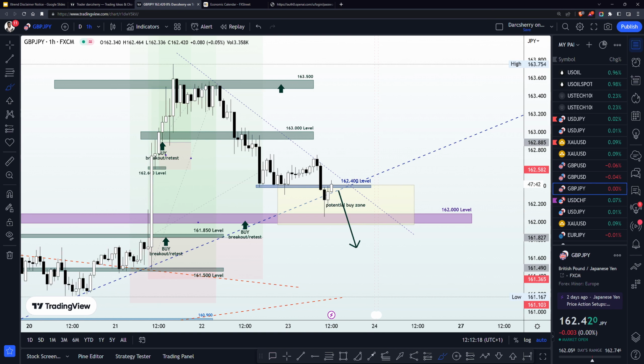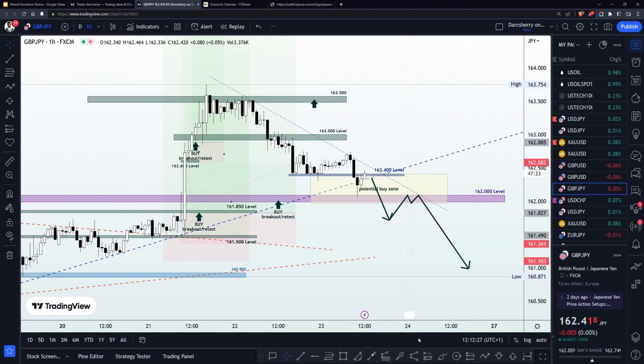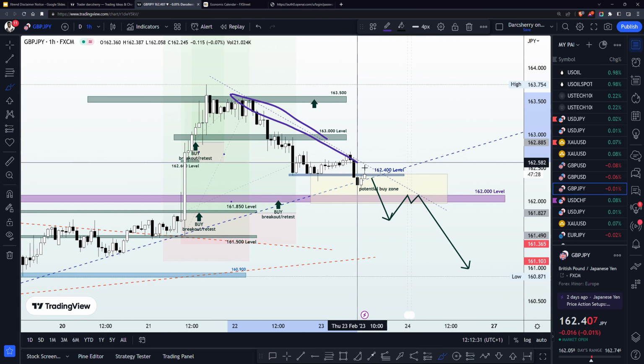And if this happens, we need further confirmation like selling pressure below the structure to join a decline to the downside. And if selling pressure resumes there, it will share a beautiful confluence with this bearish trend line that we have identified here.